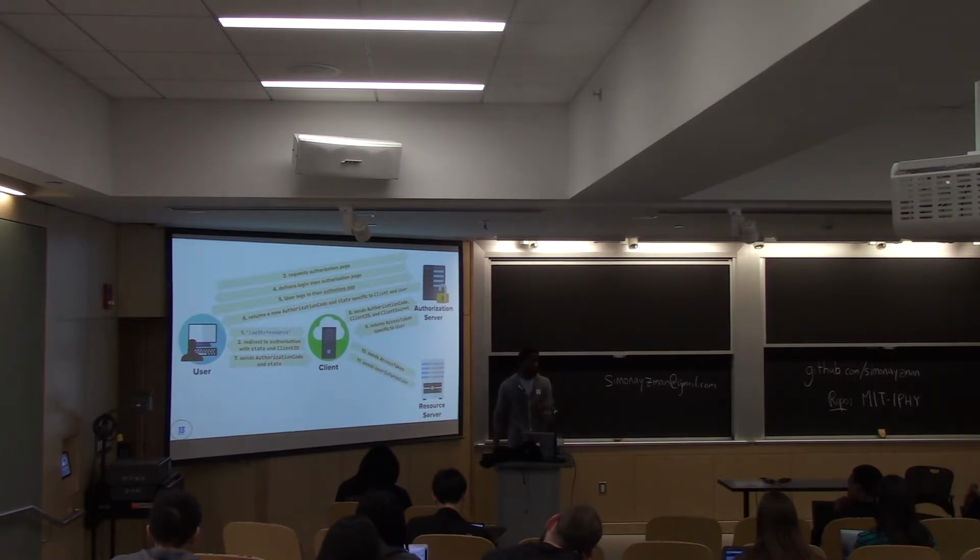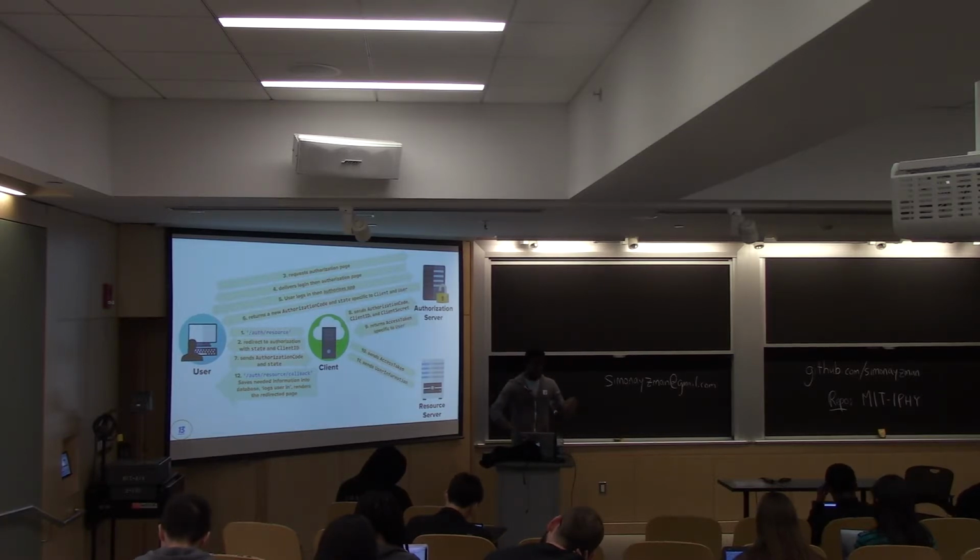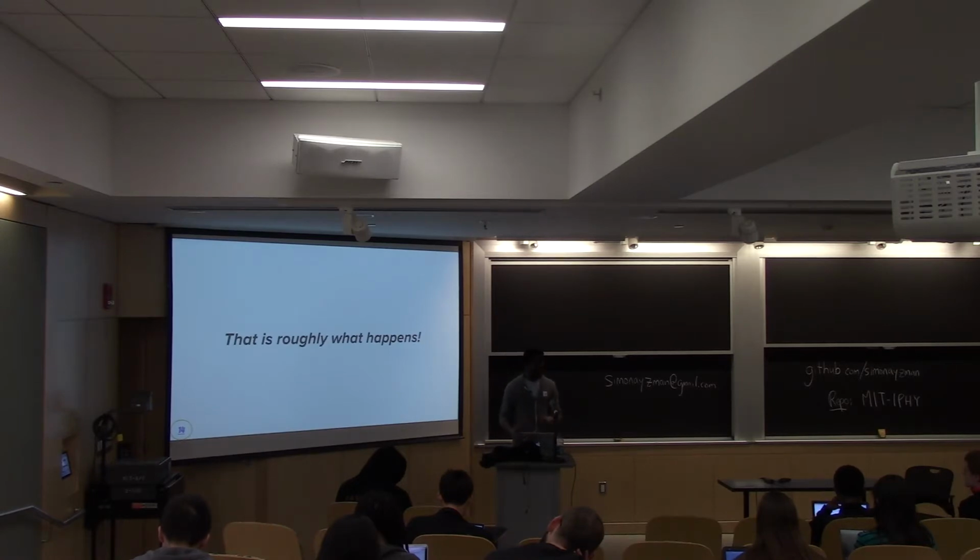And the resource server checks, agrees, and sends the user information. Finally, there's this endpoint, auth resource callback, which you will see in the code, which basically logs you in and sends you to the home page again. So this is roughly what happens.